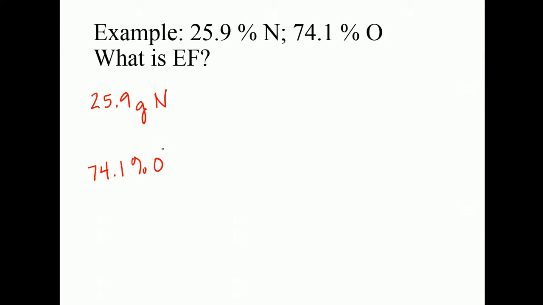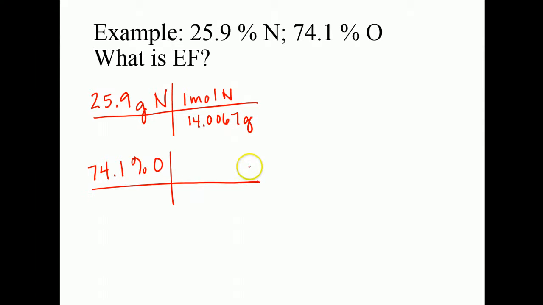Then we do grams to moles. On your periodic table, 1 mole of nitrogen has an atomic mass of 14.0067. And oxygen has a mass of 15.9994.